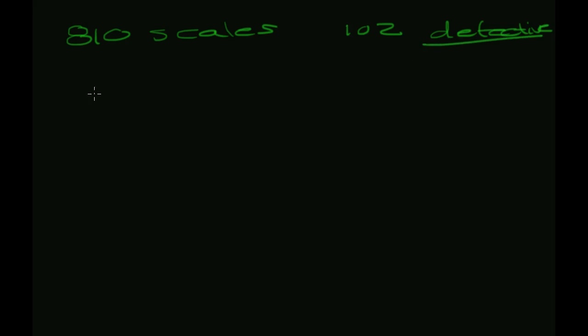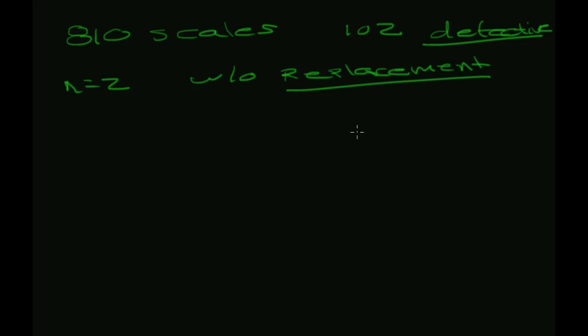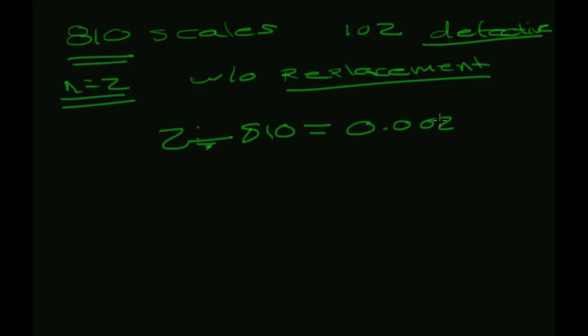All right, so we're going to take a sample. We're going to sample 2. We're going to grab 2 scales, and we're going to do it without replacement. Okay, so this should be considered a dependent event, but because we have a large population and a small sample, 2 divided by 810 works out to be approximately 0.002, which is less than 5%.